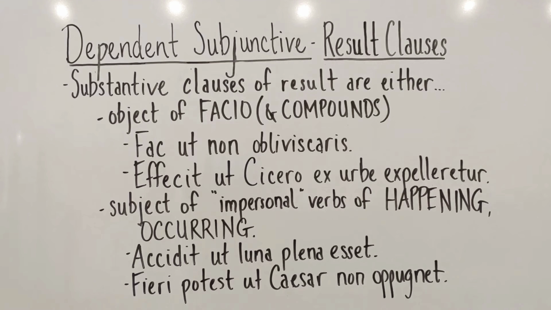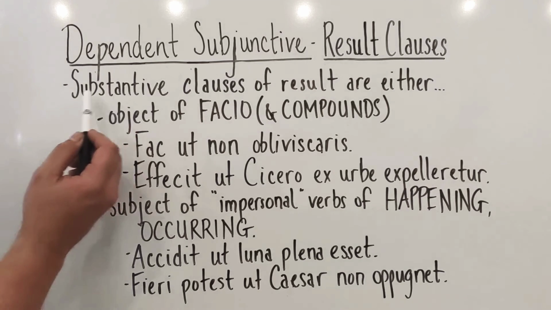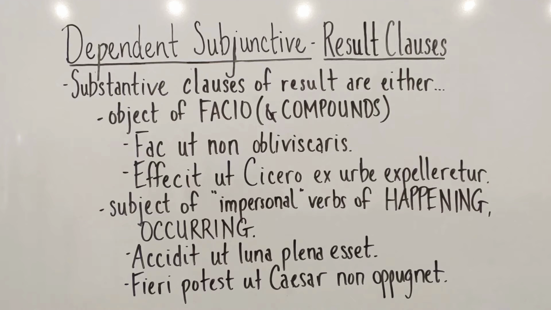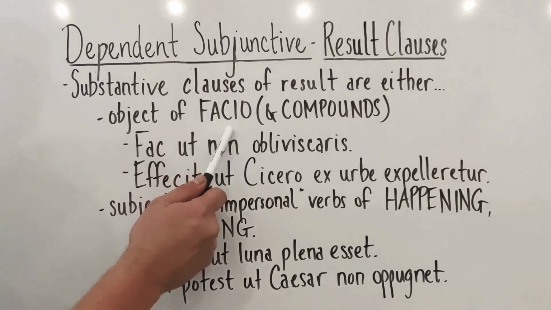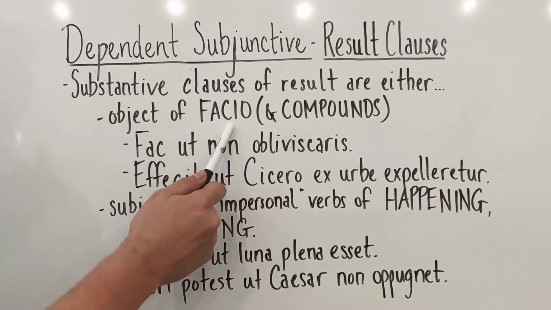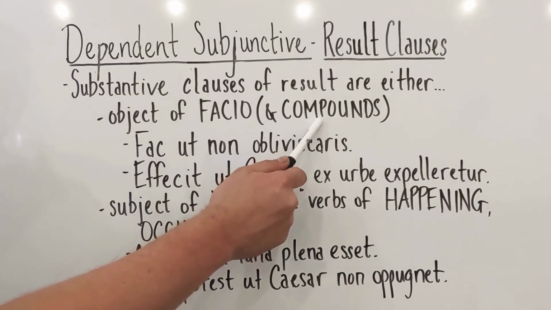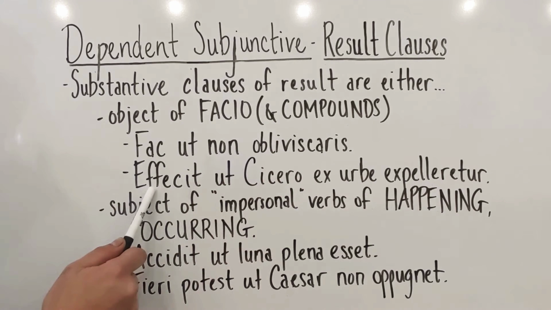So result clauses, in another video we looked at the adverbial kind introduced by ut or ut non. We also have a substantive or noun clause version of result clauses. These are either the object of usually the verb facio, facere, feci, factus, to make or to do, and compounds of facio, like efficio, efficere, effeci, effectus.